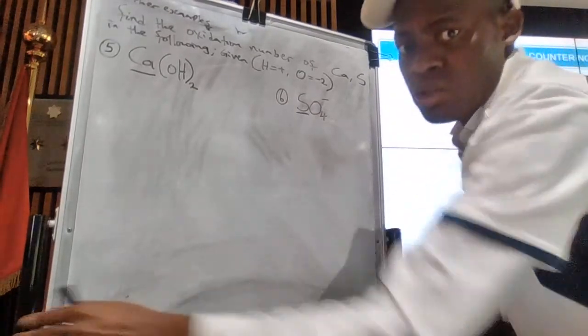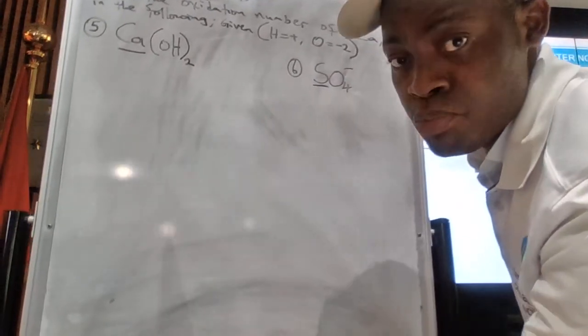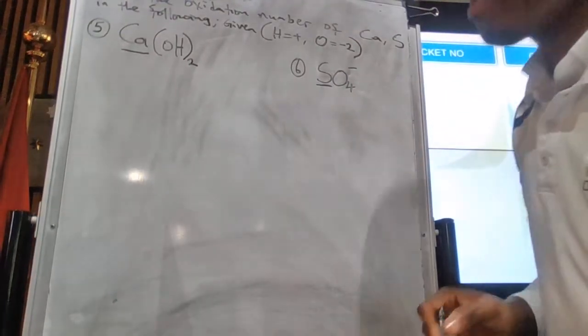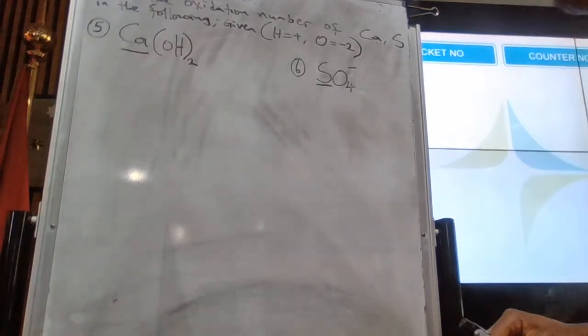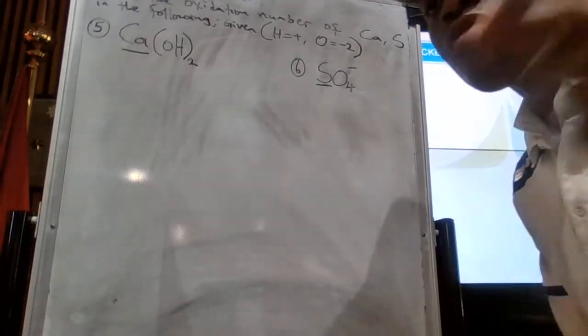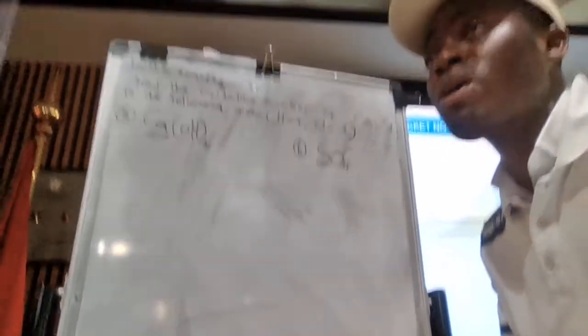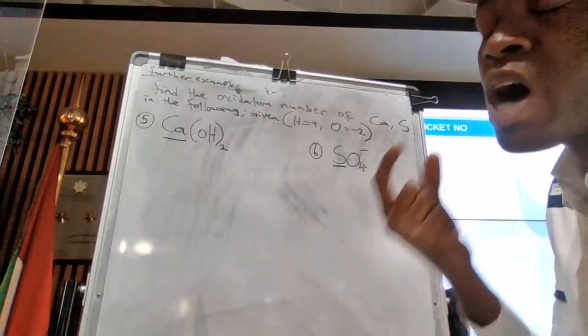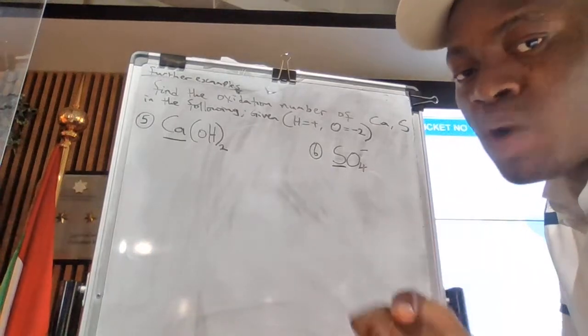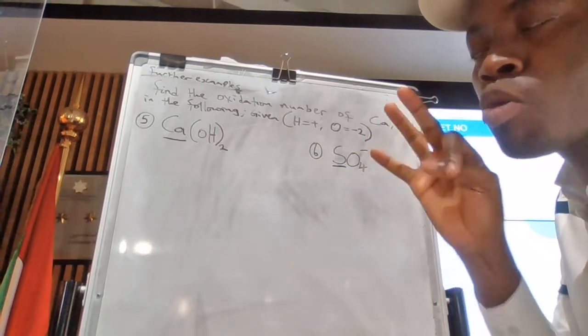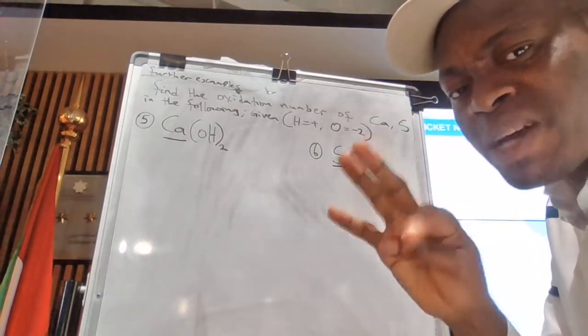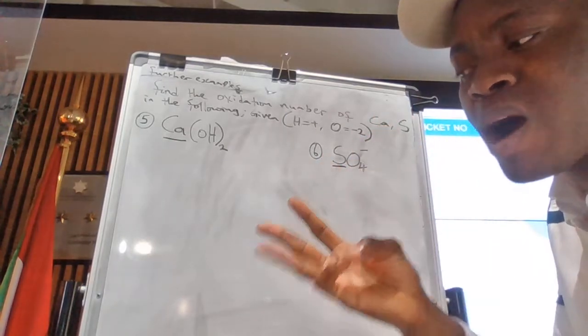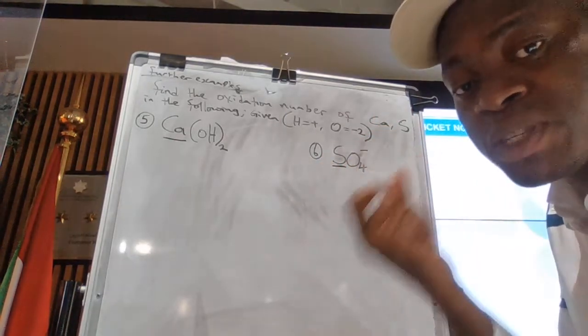So just to add to the example under the oxidation number, like I said, you have to know some oxidation numbers offhand, like the oxidation numbers of the first 20 elements, which are group 1, group 2, group 3, and possibly group 7.